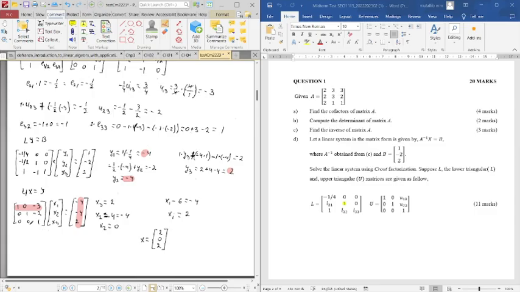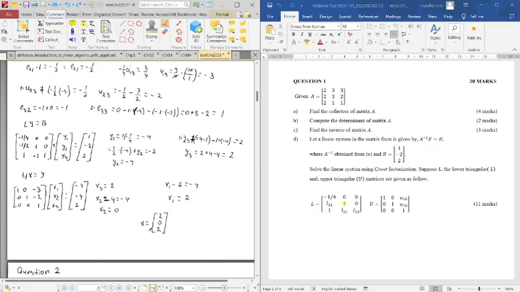As we can see, in the third row we only have one variable with a number and the others are 0, so it's better to start from the third row and find x3 first. So we just multiply this by this, and we get x3 equals 2. We're gonna do the same for all other elements, and at the end we're gonna find the answer. It's 2, 0 and 2. So we solved question 1, where the answer for x is 2, 0 and 2.